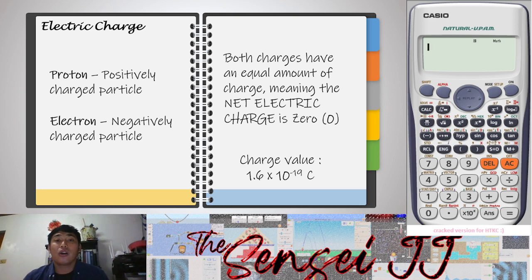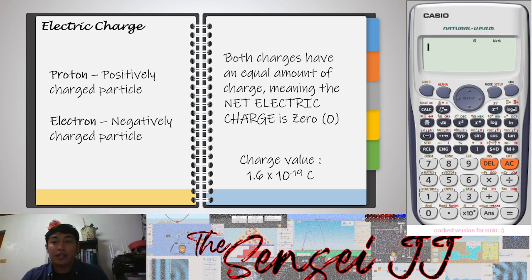That is the coulomb, the unit for charge. So 1.6 times 10 raised to negative 19 coulombs, positive for the proton and negative 1.6 times 10 raised to negative 19 coulomb for the electron.